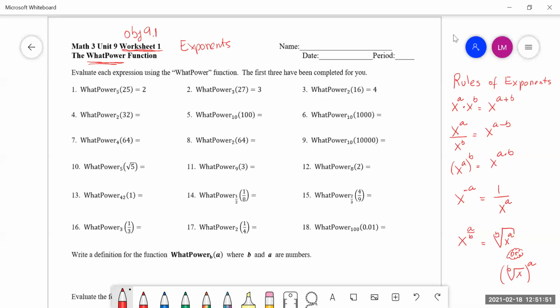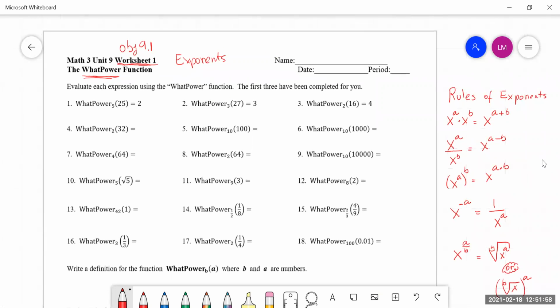Because we're talking about exponents, I went ahead and put here on the side the rules of exponents. So you maybe need to take a little bit of time, pause the video and write down your rules of exponents. We are going to be using these rules of exponents a lot because that's what powers are, especially the more challenging ones, such as a rational exponent or a negative exponent.